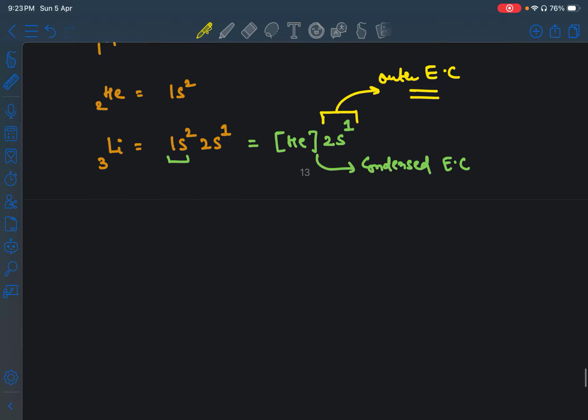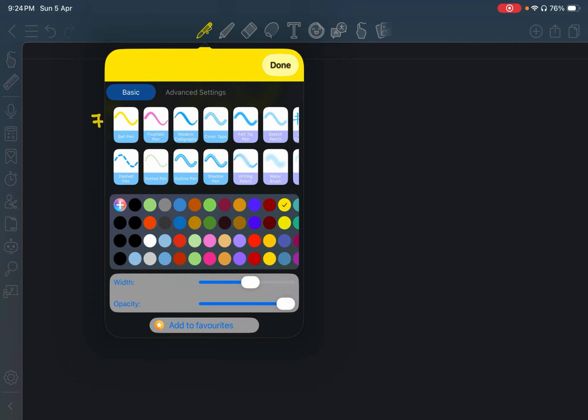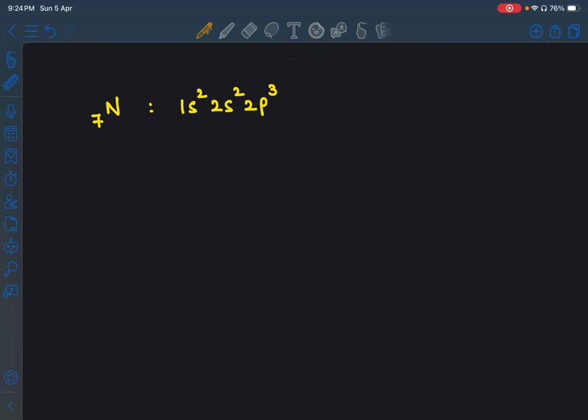Let's keep on doing. Let's talk about nitrogen now. The atomic number of nitrogen is 7. So let's keep on adding the electrons. We have 1s2, 2s2, and 2p3. Now you can see here the first two electrons are the same as helium, which simply belongs to the noble gas.